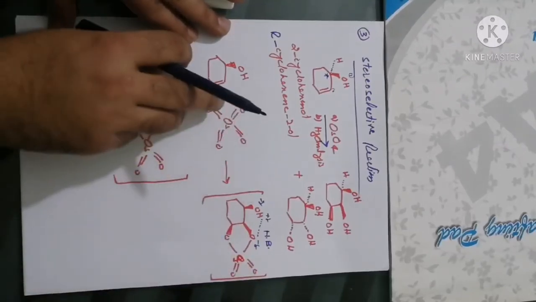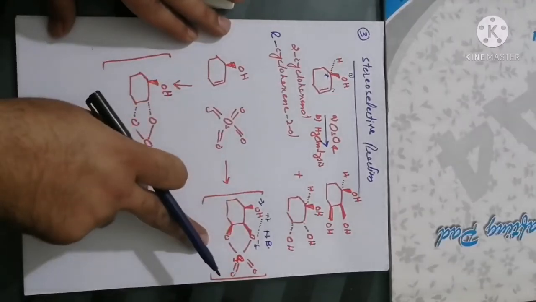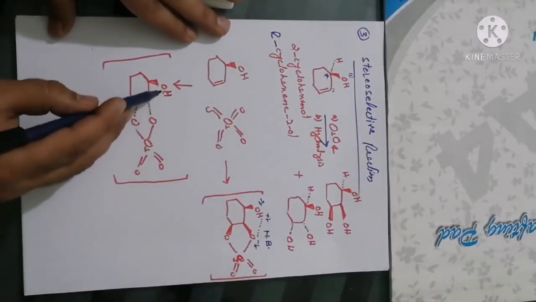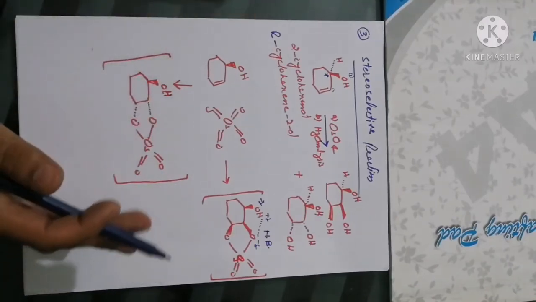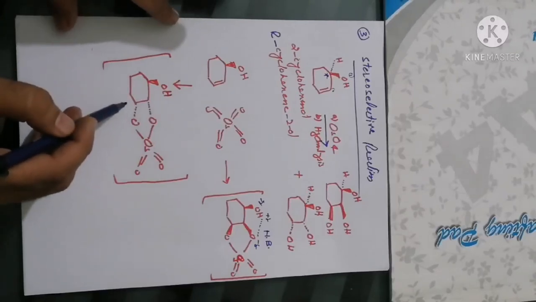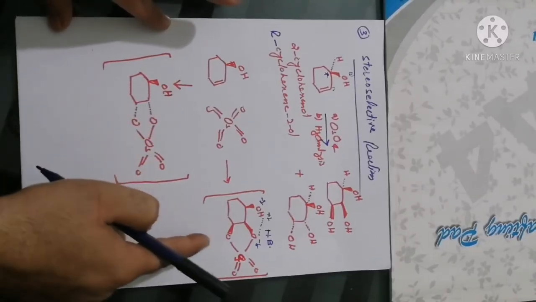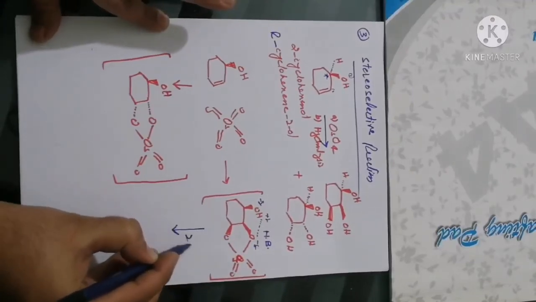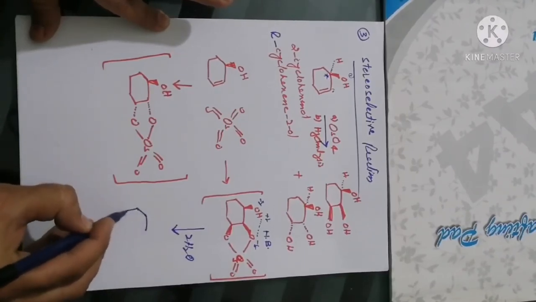So there are great chances of this hydrogen bonding, which makes this transition state more stable. So this reaction will proceed towards the transition state which is more stabilized. But here, this hydroxyl group and this oxygen are far apart, on the opposite sides of the ring. So this is not a stabilized transition state. So the first transition state will be formed, and upon hydrolysis with two molecules of water, we will get this final product.